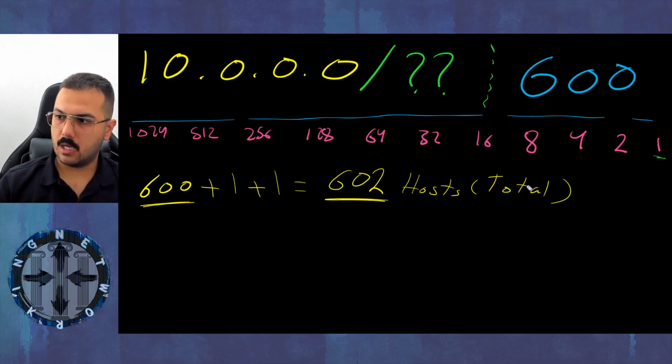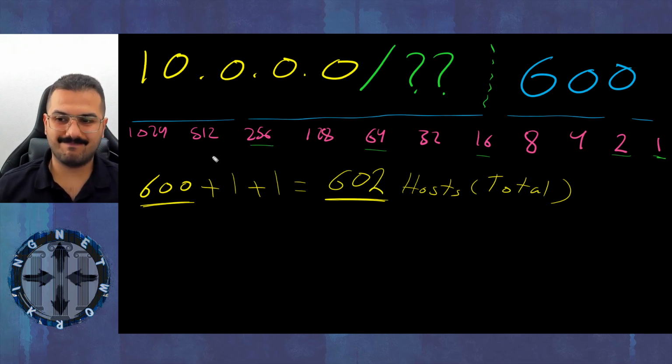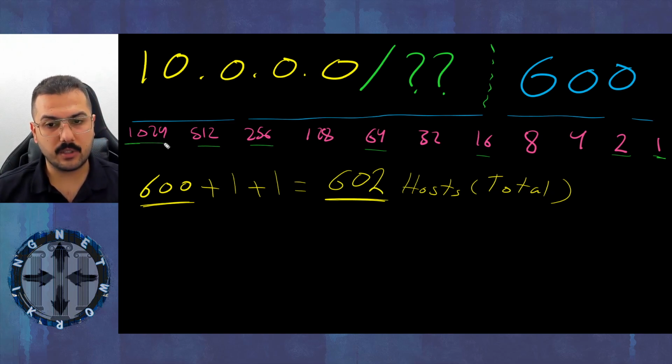No. Is 2 enough? No. Is 60 enough? Definitely not. Is 64 enough? Believe me, it's not enough. They will need more than 500 addresses as well. Is 256 enough? No. Is 512 enough? No. Is 1024 enough?